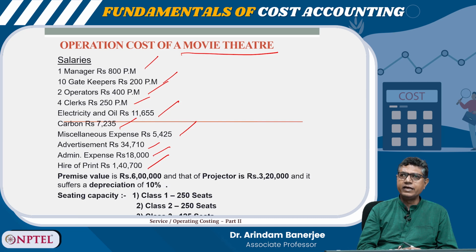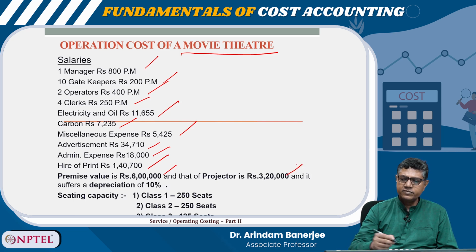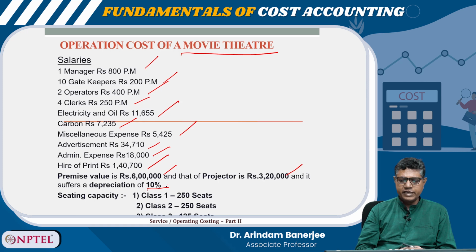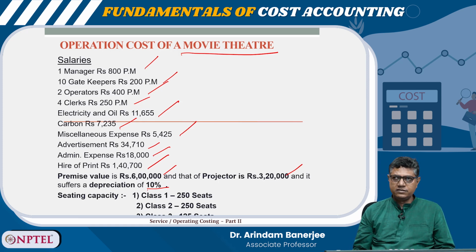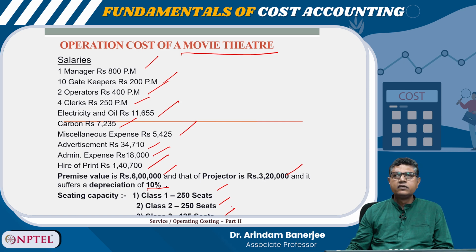The premises where the movie is being shown is valued at rupees 6 lakh, and the projector, the projecting machine, is rupees 3,20,000, and the depreciation rate is considered as 10%, right. Now, in the movie hall, there are 3 classes of seats. The first class seats 250, second class 250, and class 3 is rupees 125.